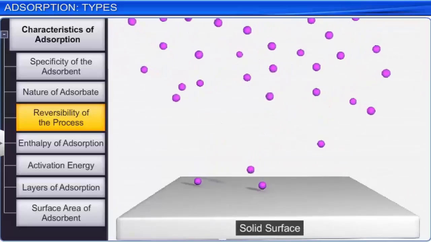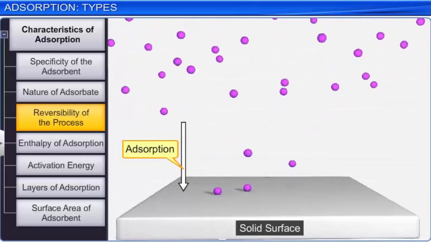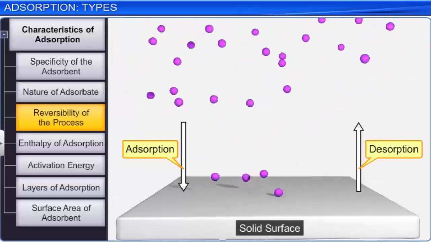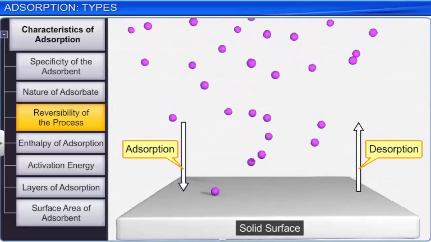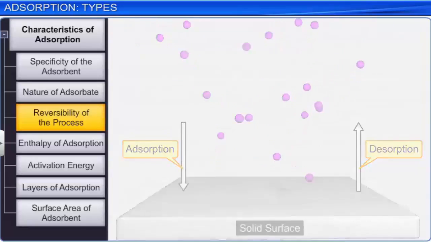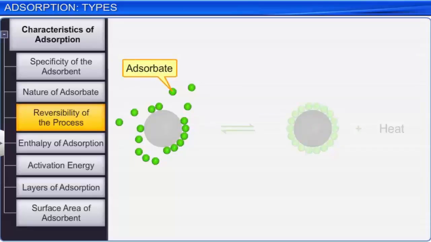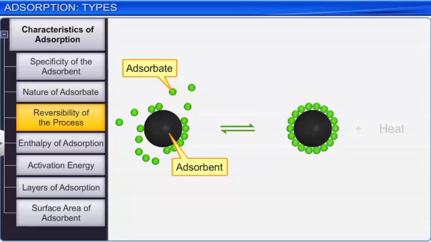The two opposite processes include the adsorption of gas molecules on the surface of a solid and desorption of gas molecules from the surface of a solid into the gaseous phase. You know that adsorption is an exothermic process. The equilibrium can be represented as gas, the adsorbate, plus solid, the adsorbent, is in equilibrium with the gas adsorbed on the solid plus heat.